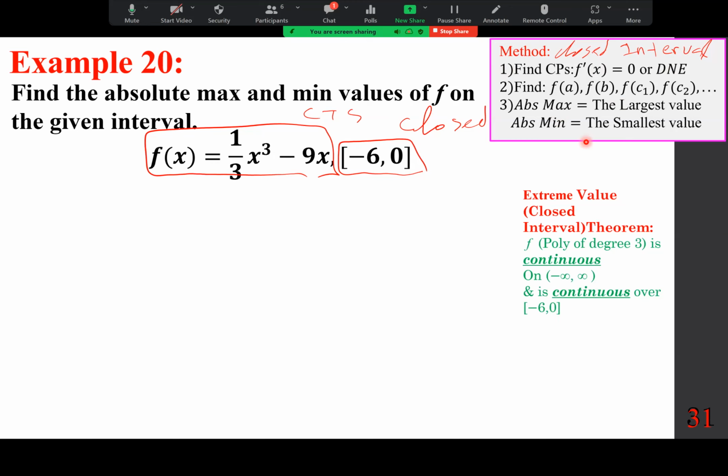The methodology says, first find the critical points. So what are the critical points? Well, first let's differentiate. To find the critical points, we differentiate: f prime of x is x squared minus 9.